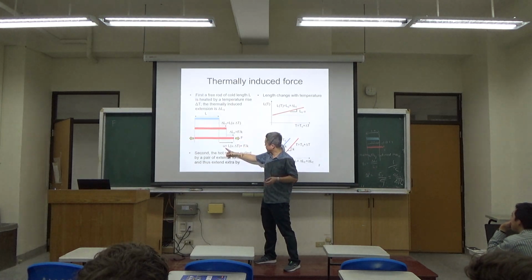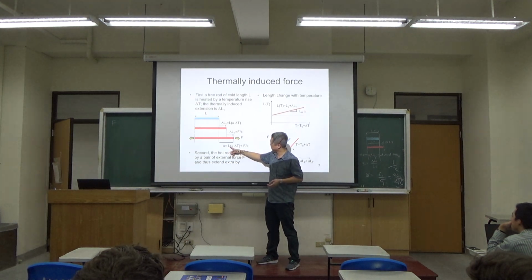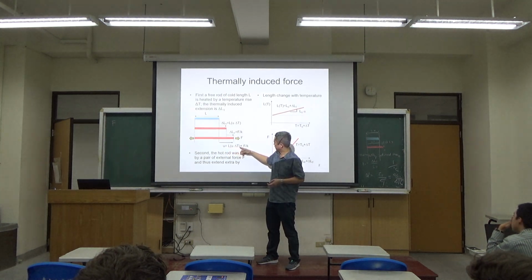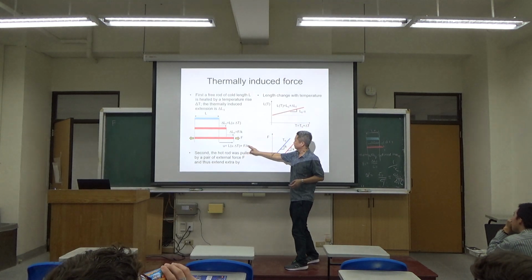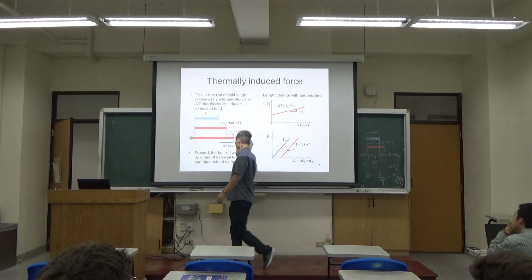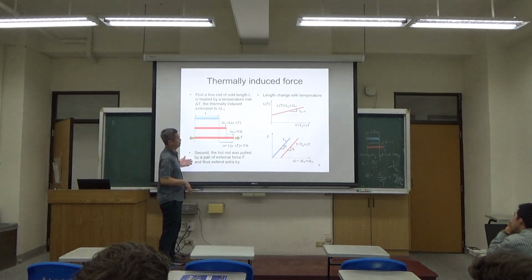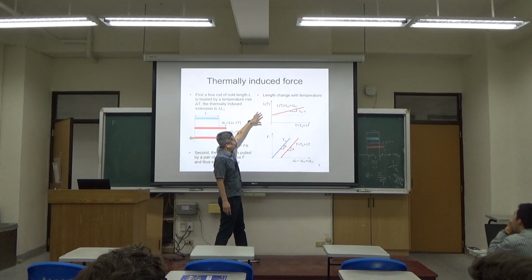Then your total expansion is contributed by two parts. The first contribution is coming from free expansion. The second part is coming from Hooke's law, force divided by the stiffness. So the hot rod was being pulled by force F.